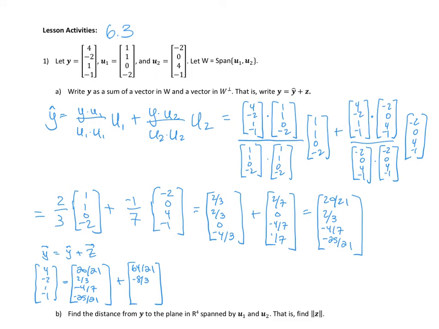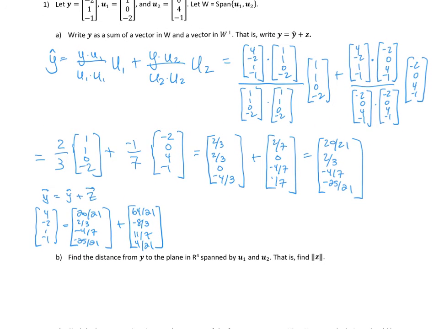I have to do 1 plus 4/7, 11/7. And then -1 plus 25 over 21, 4 over 21. There we go. There's my y hat plus z.